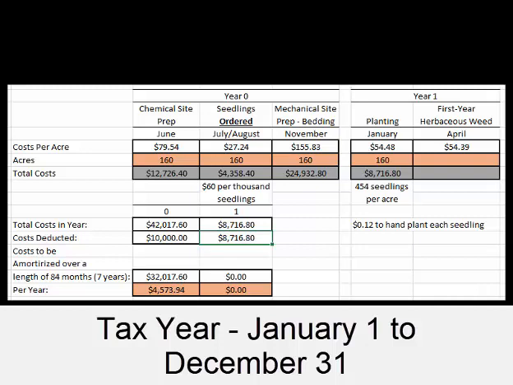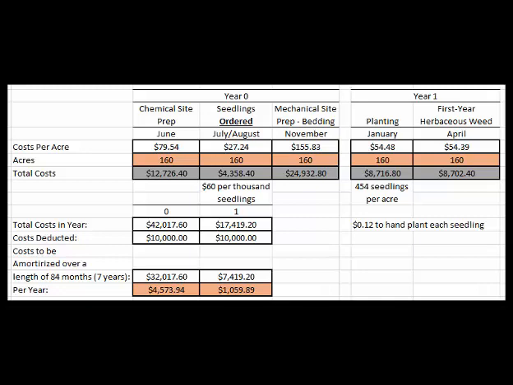So we still have some amount that could be deducted. And then when we do our first year herbaceous weed control treatment in April, we now exceed the $10,000 that is allowed to be deducted in the tax year for costs related to reforestation, and therefore the remainder is amortized.